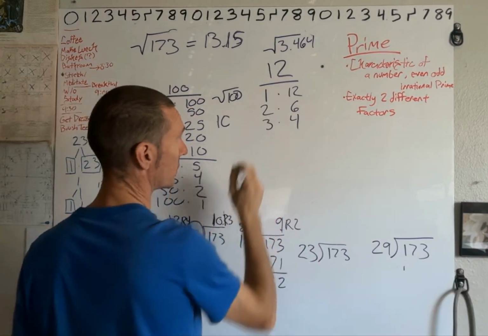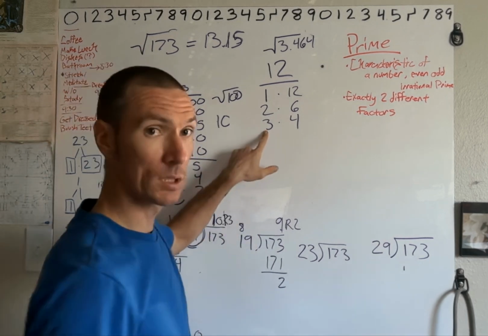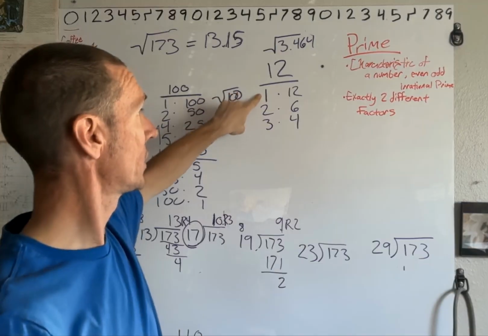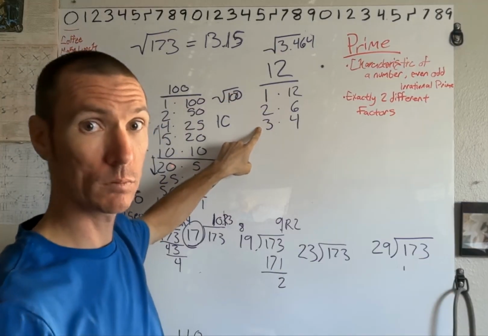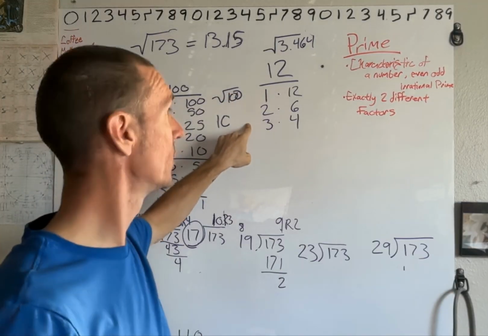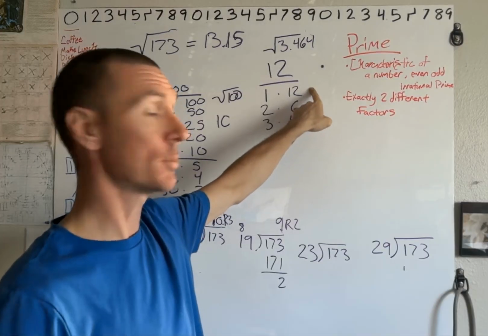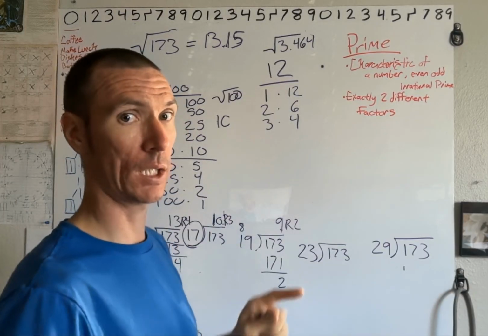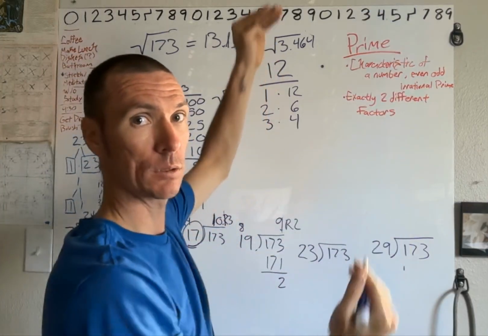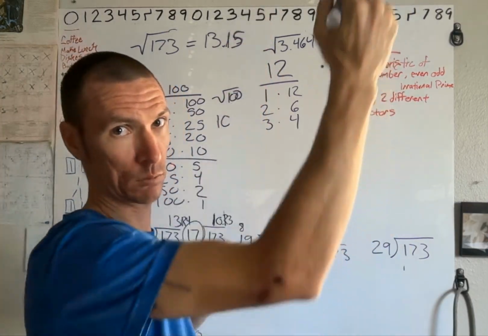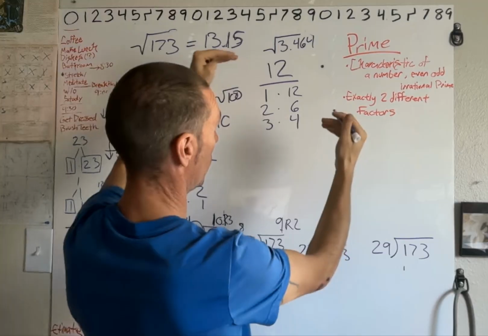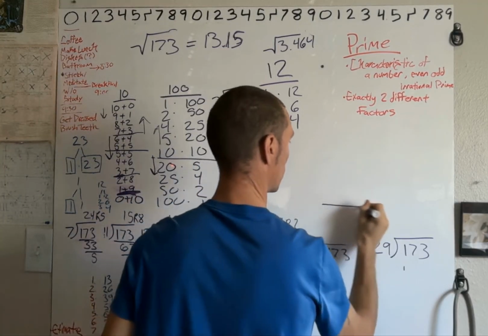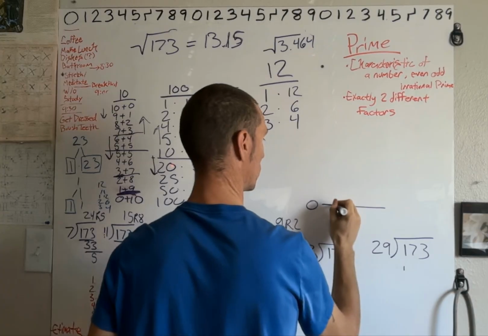Okay. This number, the left-hand side, keeps getting bigger: 1, 2, 3. The right-hand side keeps getting smaller: 12, 6, 4. They're inversely proportional. So you start with 1 and 12.